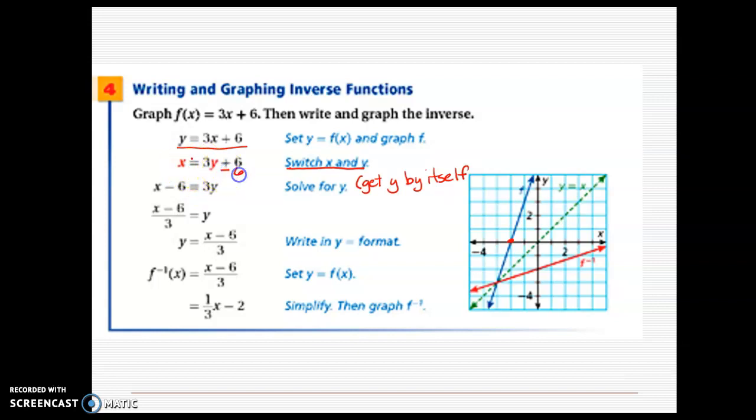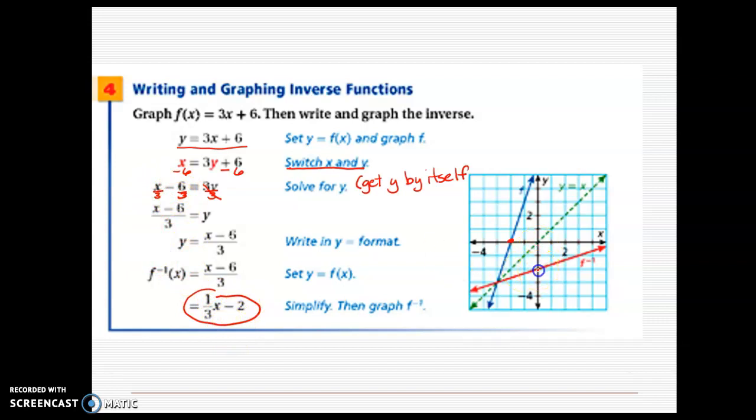When you're getting y by itself, you are getting everything over with the x. So the first thing you'll have to do is subtract 6. So you'll have x minus 6 equals 3y. Still need to get y by itself, so you will divide through everything by 3. And that will be y equals (x minus 6) over 3, or what they've got down here, 1/3 x minus 2.